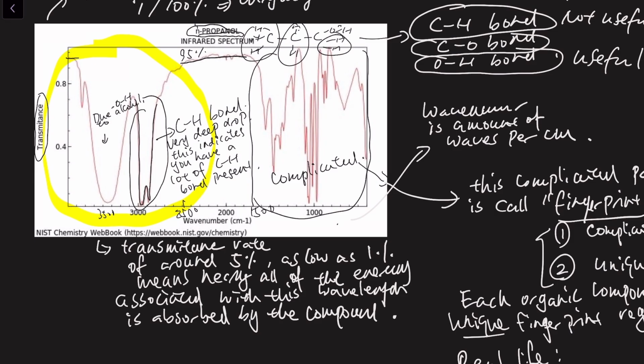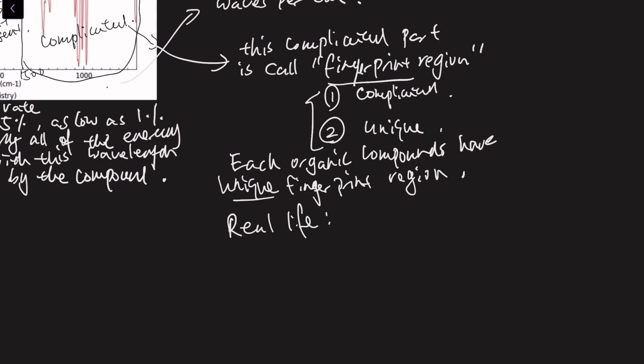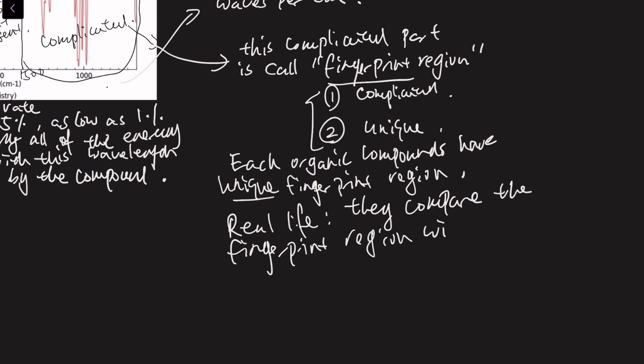In real life, what people do is compare the fingerprint region with a data bank in a computer. In the computer, we have stored all the possible organic compounds and their fingerprint regions.